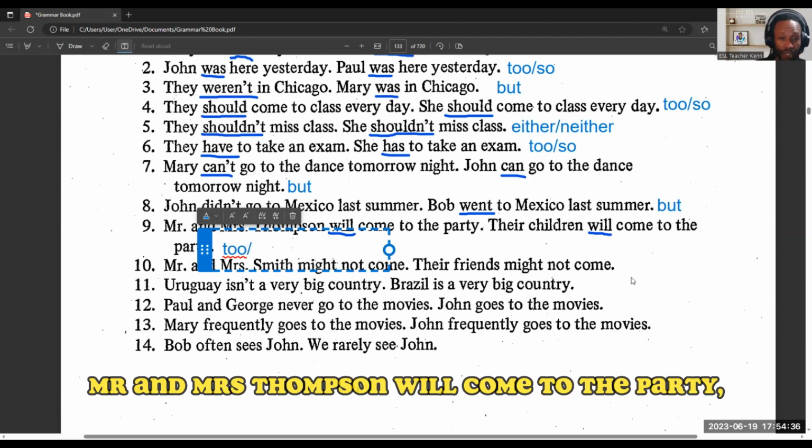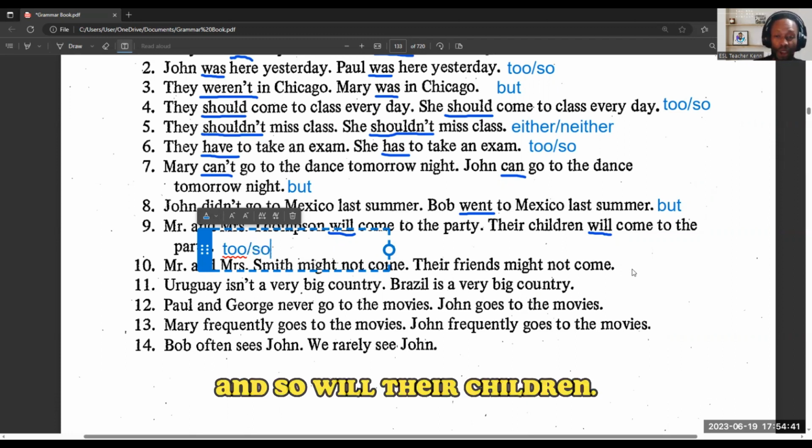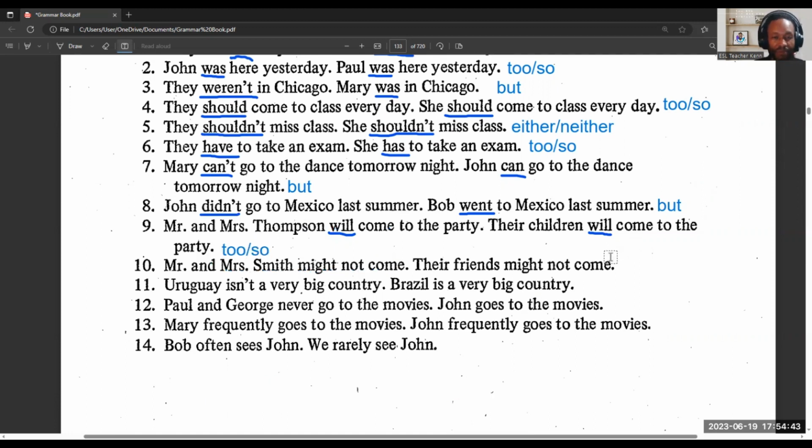Mr. and Mrs. Thompson will come to the party, and so will their children.